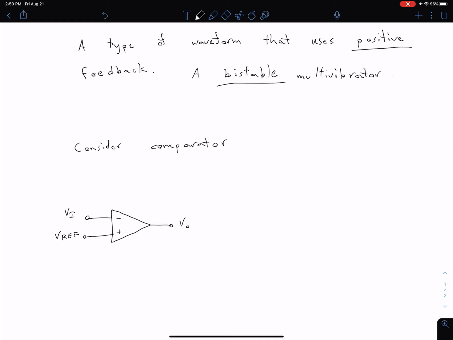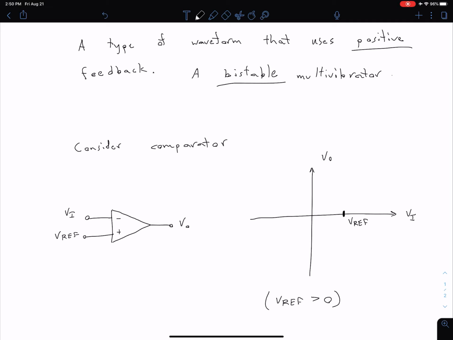If we do that, then we could plot what our output voltage Vout looks like as a function of our input voltage VI. Let's say in this case we happen to have a positive VREF. I'm going to put my reference voltage right here. That's our VREF. And for abundance of clarity, let's say that VREF is greater than 0 in this case.